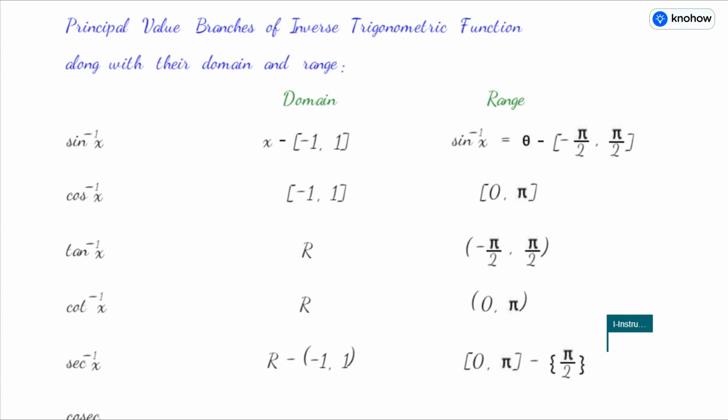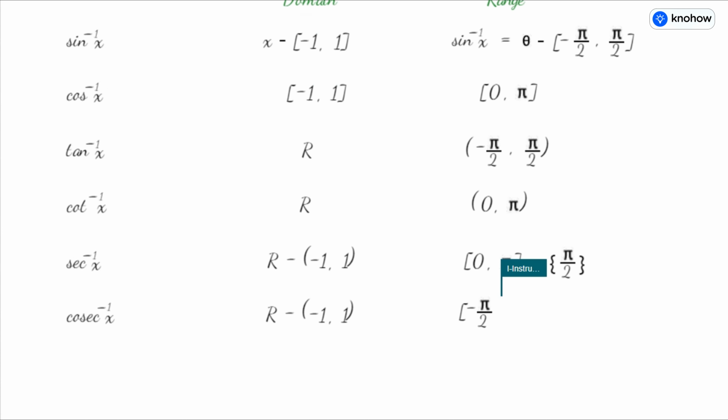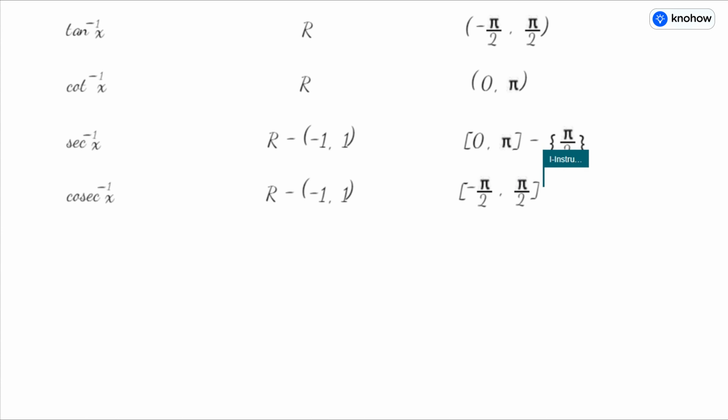Now finally, for cosec inverse x, again the domain is the set of real numbers except those lying in the open interval -1 to 1, and the range is the closed interval -π/2 to π/2 except 0.